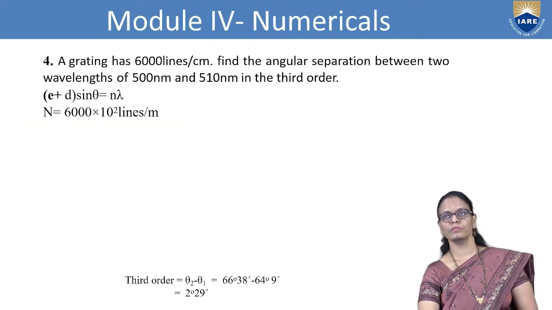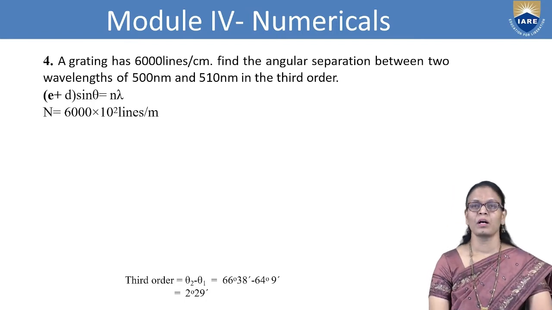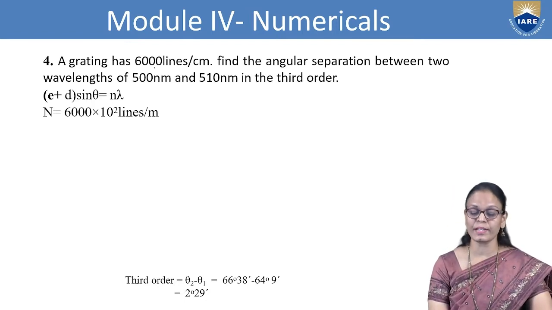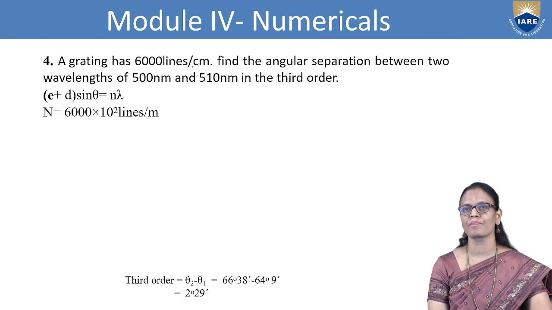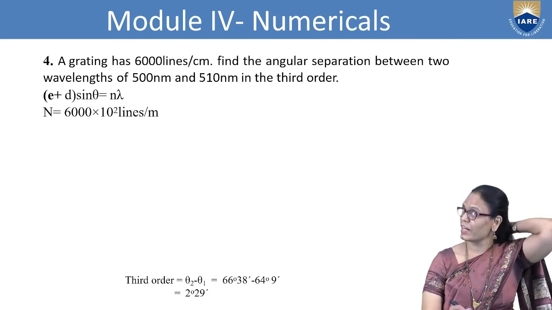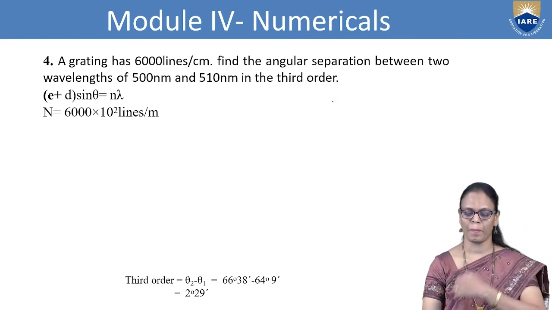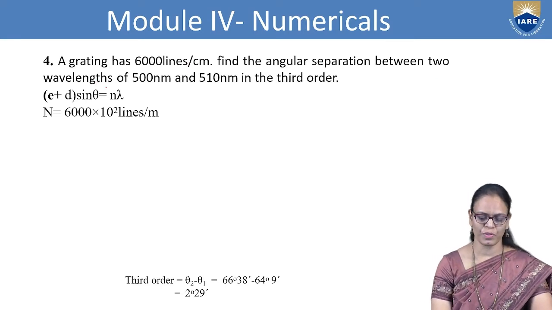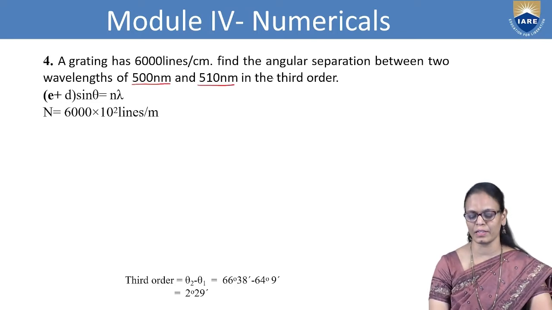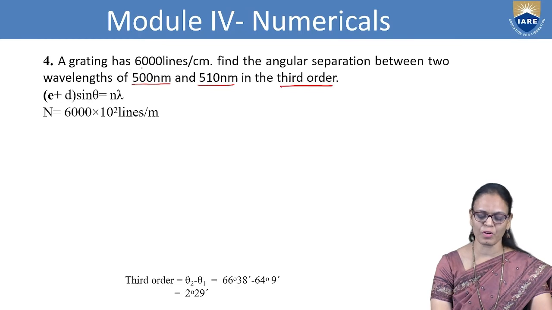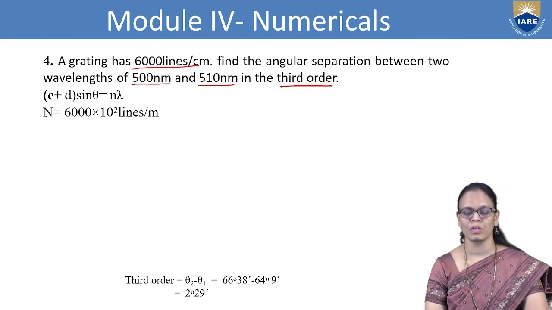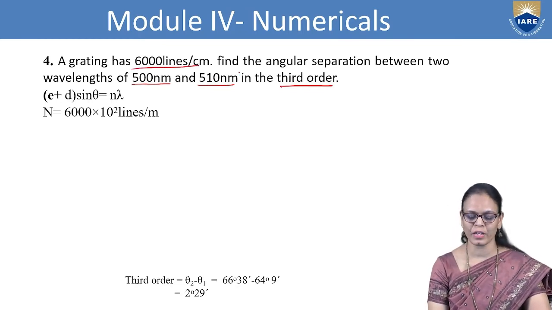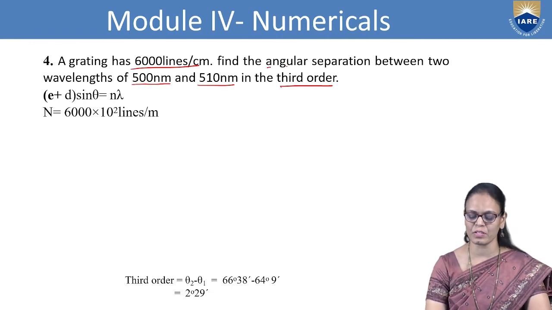Now the fourth one. A grating has 6,000 lines per centimeter. Find the angular separation between two lines of wavelengths 500 nanometer and 510 nanometer in the third order. So the number of lines are given, wavelengths are given, third order. We have to find the angular separation.